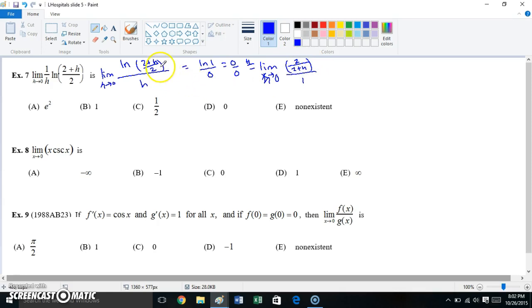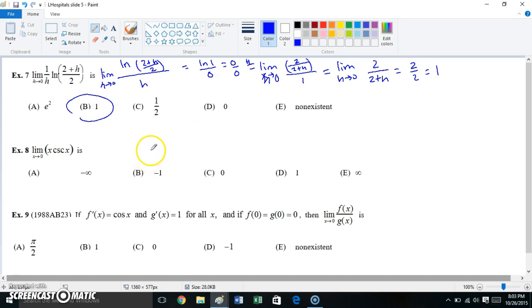And then times the derivative of the inner part, which is just 1. So that's what we have. So we have the limit as h approaches 0 of 2 over 2 plus h. Okay, evaluating the limit, we get 2 over 2, which is 1.